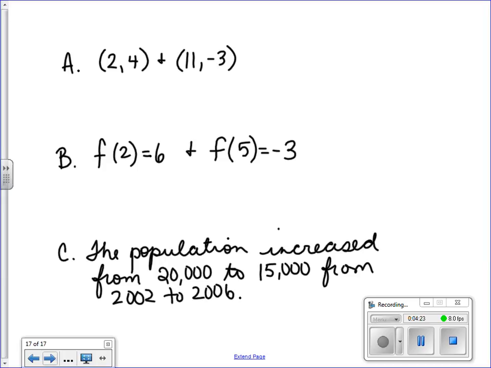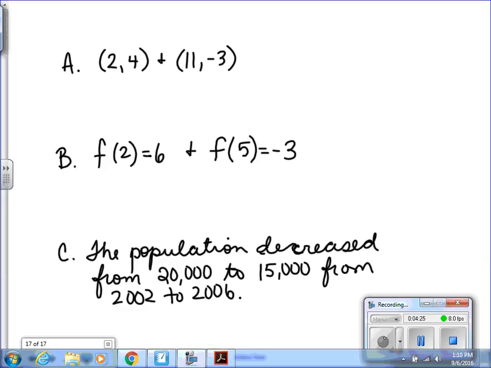Alright, there you go. Okay, so for problem A, what would this look like? Set this up.